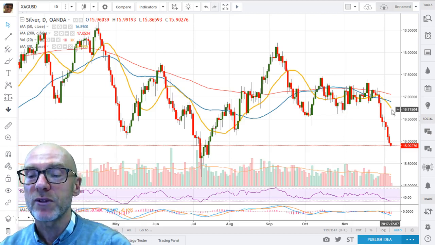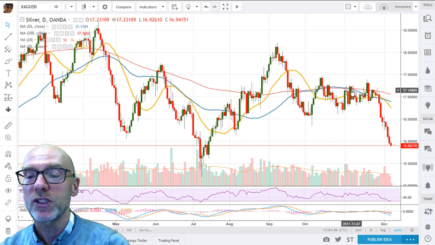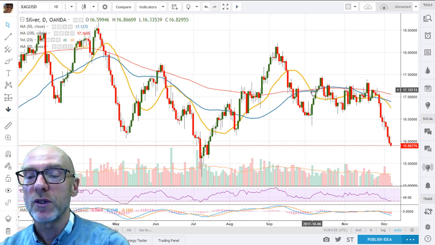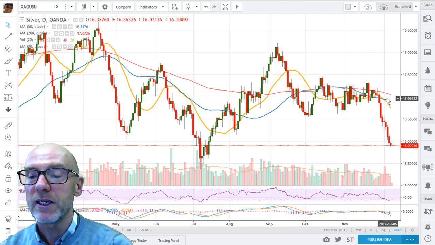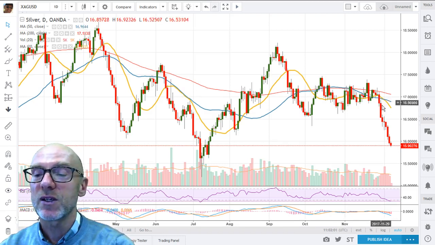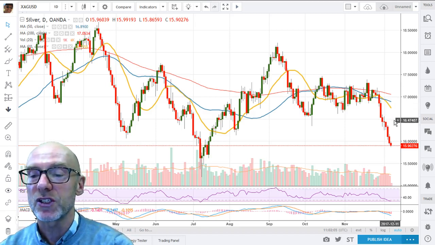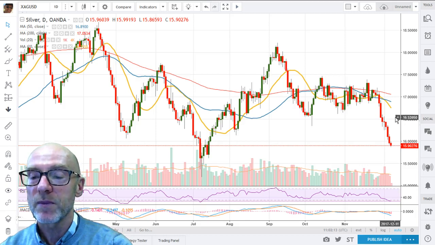All the moving averages have created bearish crosses, 50, 200, 20, 50. When the 20 crossed the 200, that wasn't a bearish cross, but all the others have been. That means that when we rally, there will be severe resistance, and they'll be tracking down and be a continual negative influence on this silver price for quite some time.